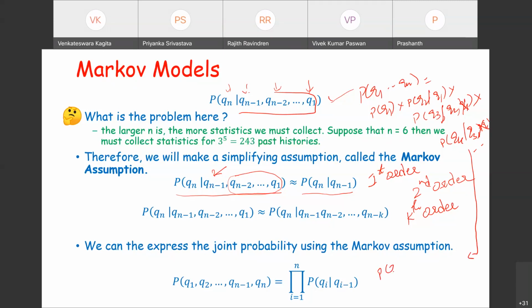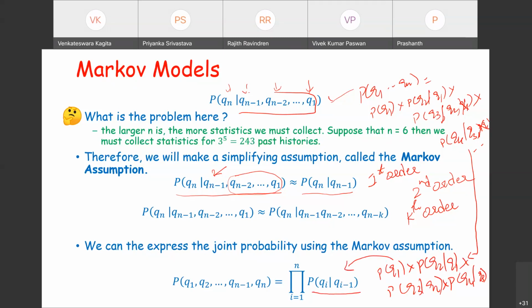the probability of Q1 times the probability of Q2 given Q1 times the probability of Q3 given Q2 times the probability of Q4 given Q3 and so on, which is equivalent to the product of the probability of Qi given Qi minus 1. The same thing is written this way.